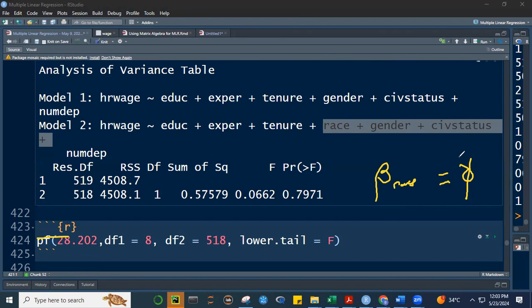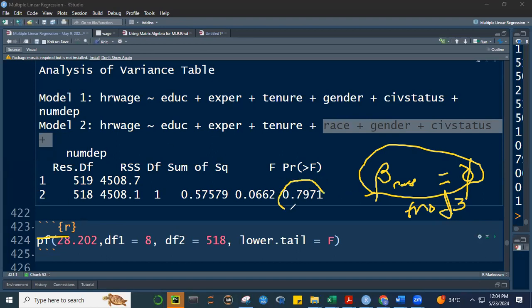In what model is beta race equal to 0? It's in model number 3, right? Because we removed it. So in effect, what we're testing is if this beta race is equal to 0. And what's our statistical conclusion? The p-value is 0.97971, or 0.8 practically, and it's much greater than 0.05.